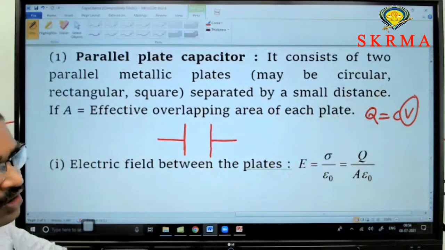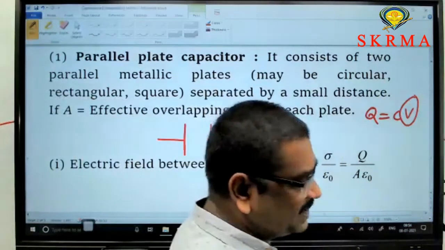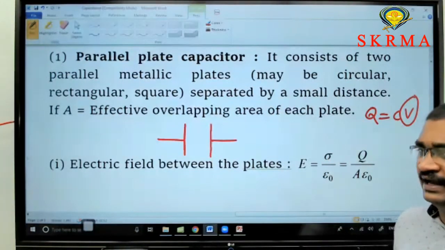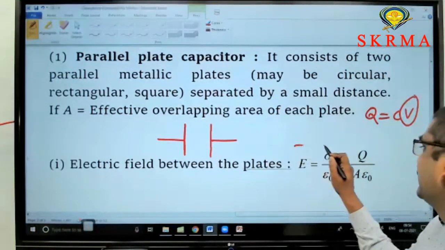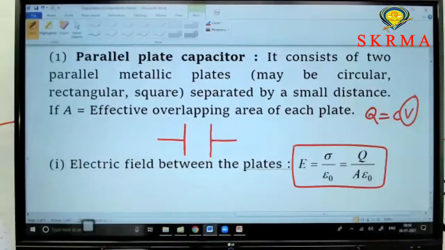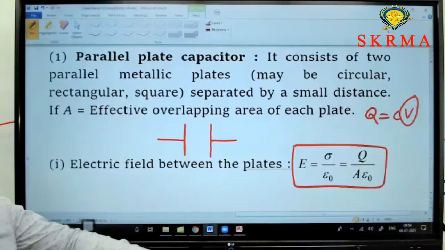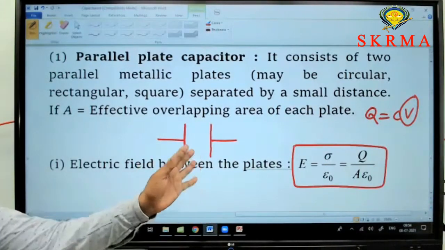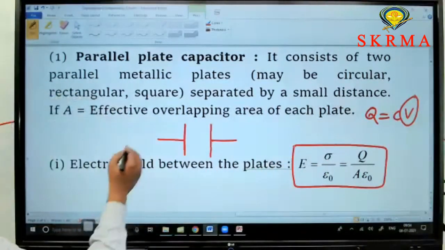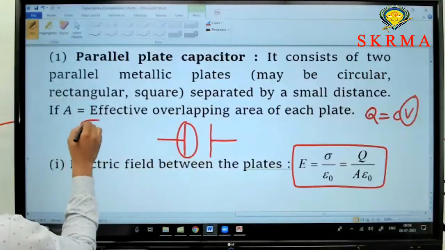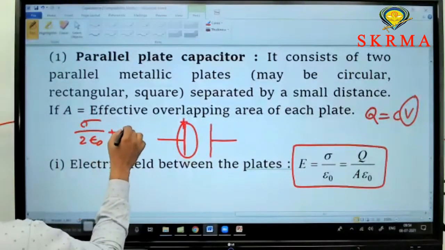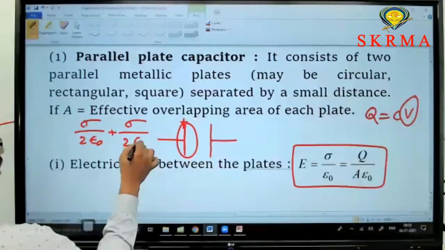capacitance. Now, what is the electric field between the capacitor plates? To calculate potential, first we need to calculate the electric field. The formula is sigma by epsilon naught. For conducting plates, it is sigma by 2 epsilon naught for each plate: sigma by 2 epsilon naught for the positive plate, and similarly sigma by 2 epsilon naught for the negative plate.